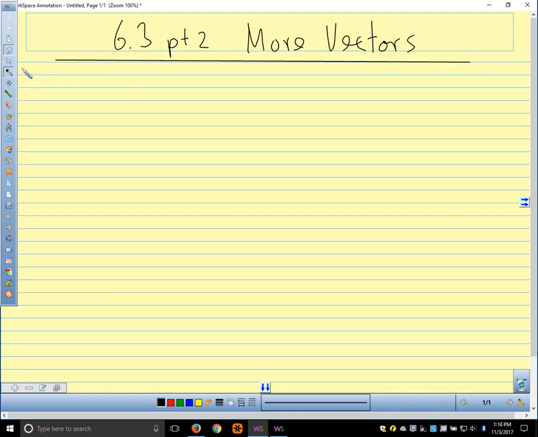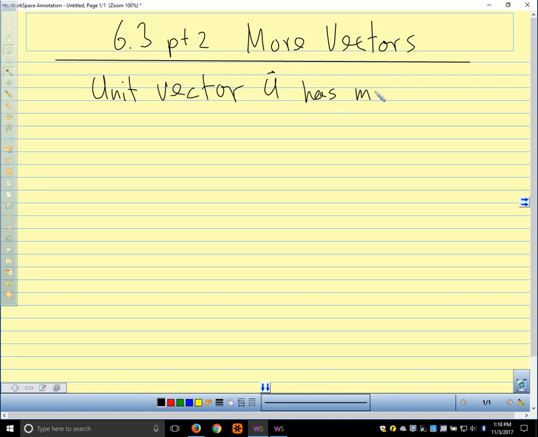All right. We said yesterday that a unit vector u has magnitude equal to 1.